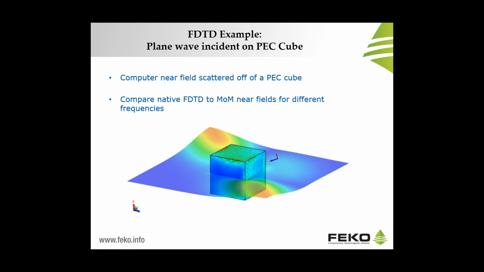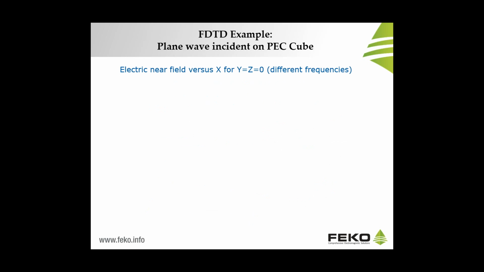Another example that we have prepared today for you is the time analysis of the effect of an incident plane wave on an obstacle, a PEC cube. And in the next slide we are showing you the results of the computed electric near field versus X for different frequencies.